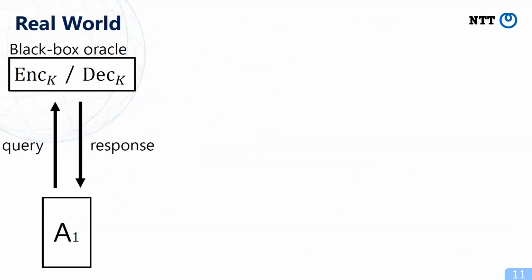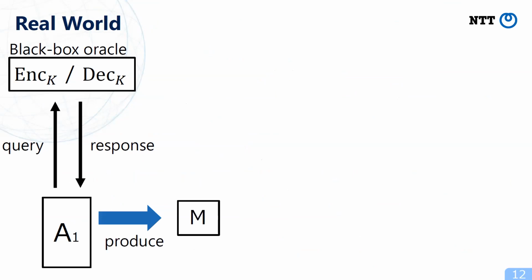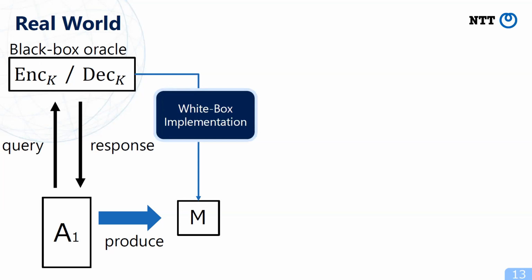And next, I'd like to explain what the real world looks like. So there is an adversary, and we assume that first, this adversary makes some queries to the black box oracle of the AEAD mode or AEAD scheme to gather some information. And then this attacker produces a malware. And by any means, the attacker lets this malware have direct access to the white box implementation of the AEAD scheme.